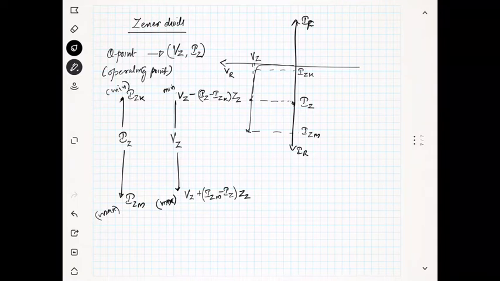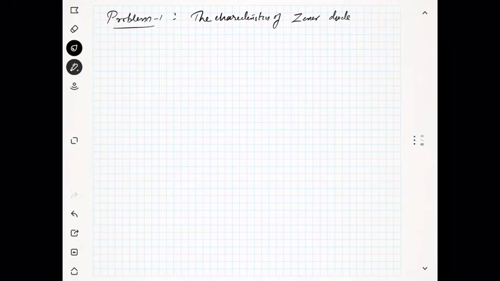Now we will see a problem. This is problem 1. The characteristics of Zener diode is shown below.